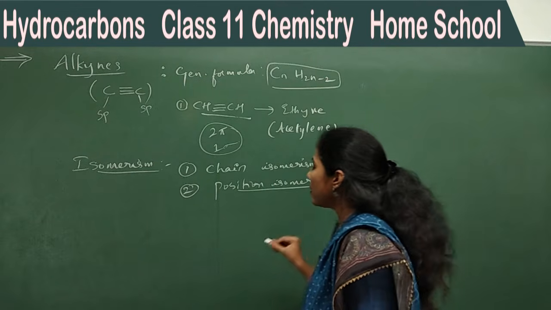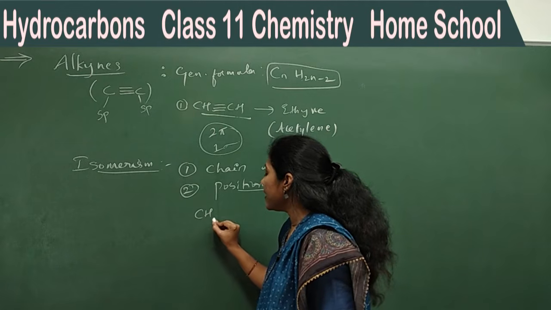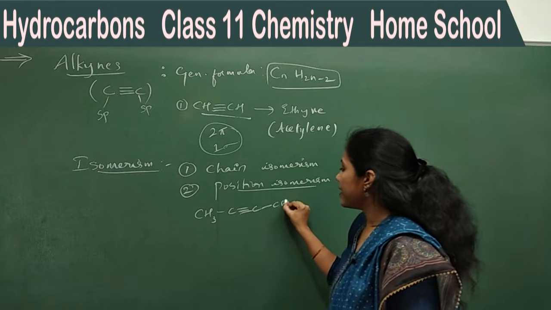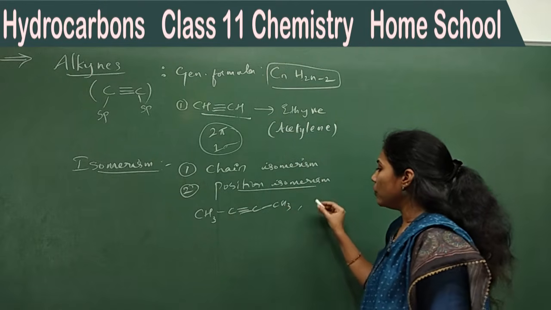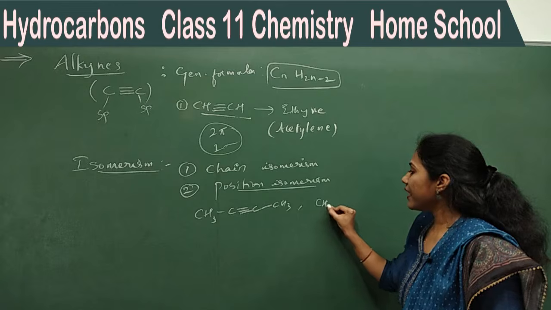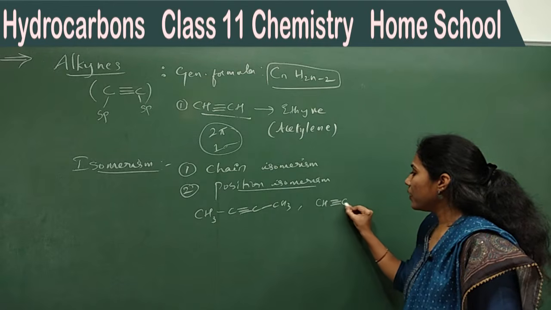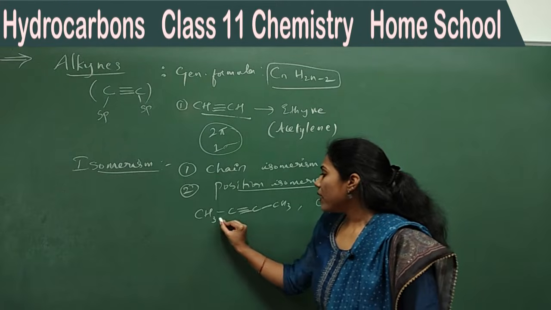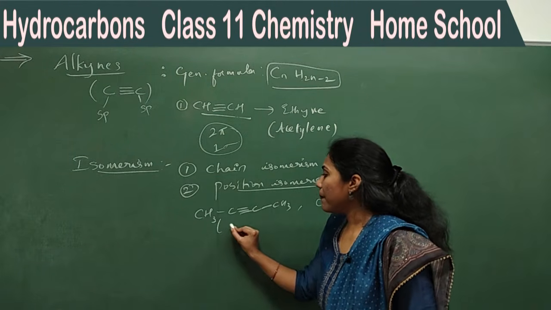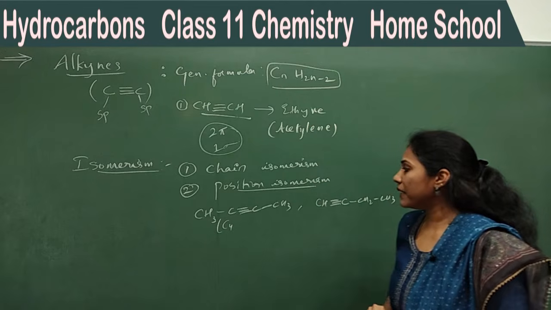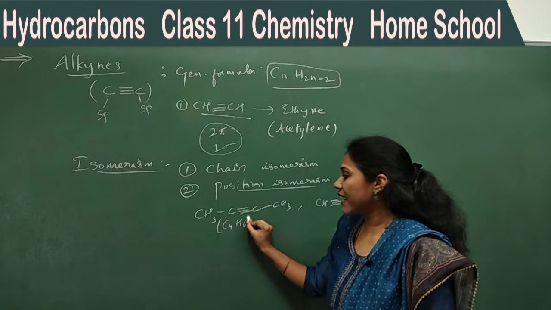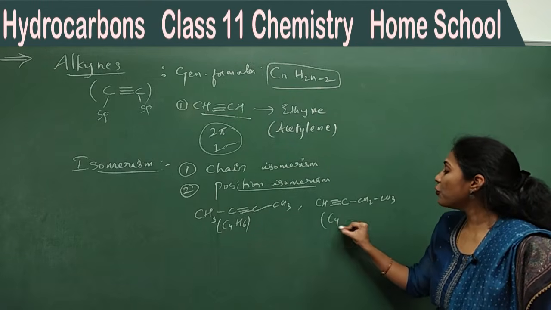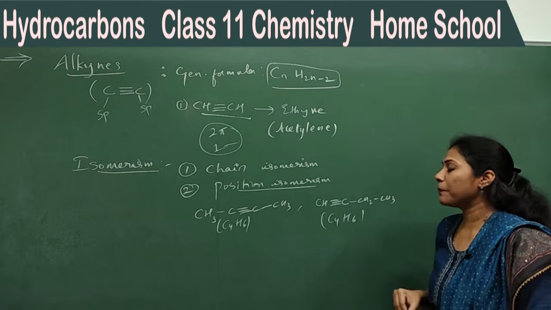See, suppose you have CH3, C triple bond C, CH3. This is one molecule, and I also have CH triple bond C, CH2 and CH3, right? See, what is the molecular formula of this compound? You have 4 carbon atoms and altogether 6 hydrogen atoms. Even this particular compound also has 4 carbon atoms and 6 hydrogen atoms.